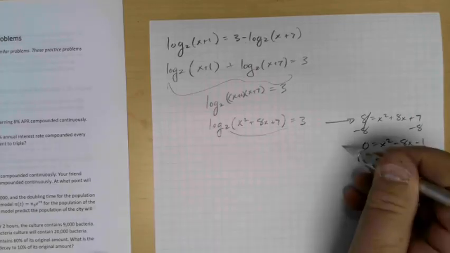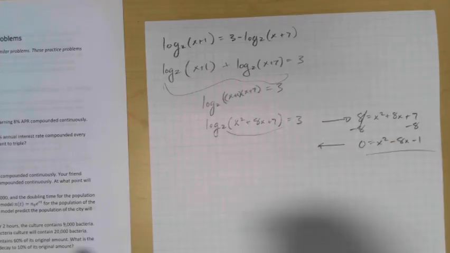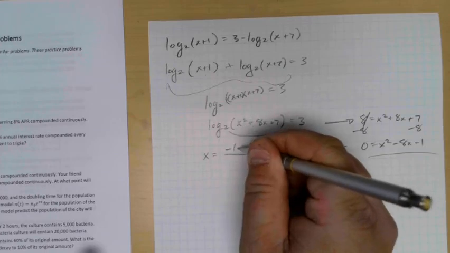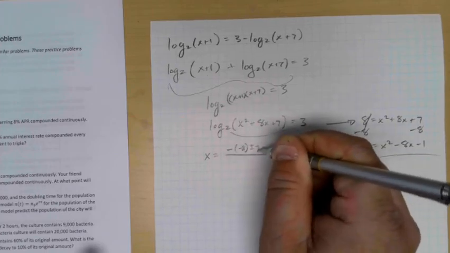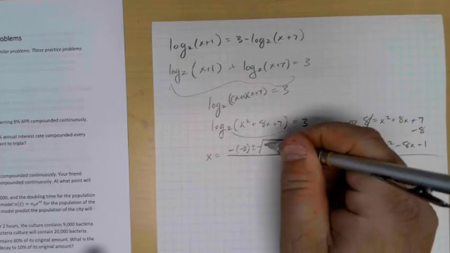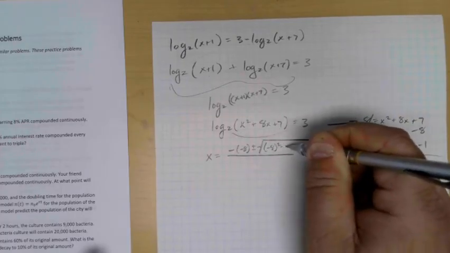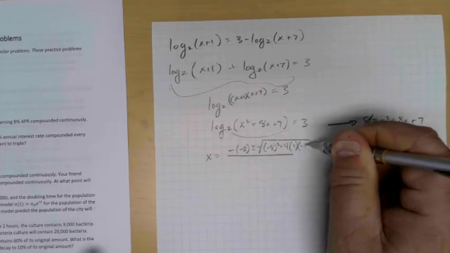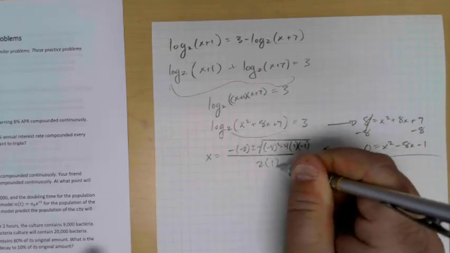That's not going to factor, so I'm going to use the quadratic formula. x equals negative 8 plus or minus the square root of negative 8 squared minus 4 times 1 times the negative 1, all over 2 times 1.